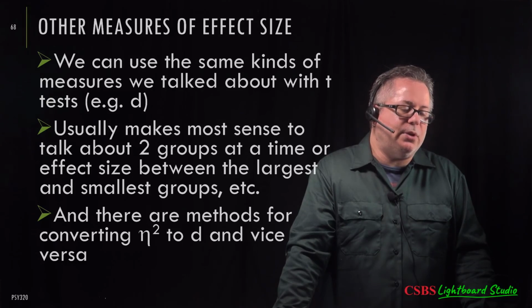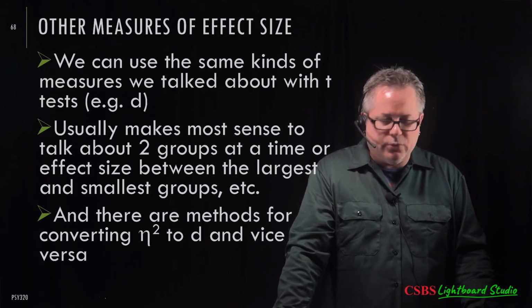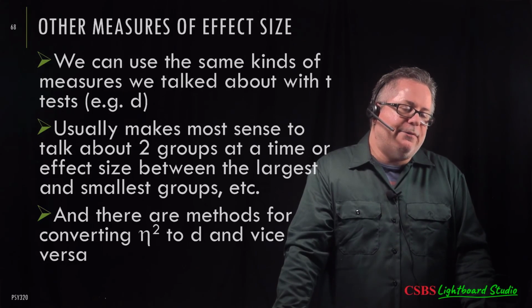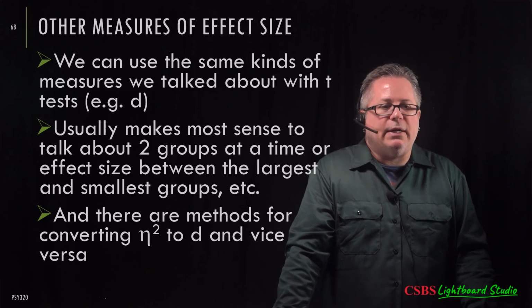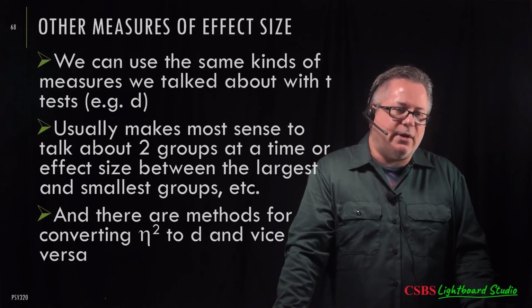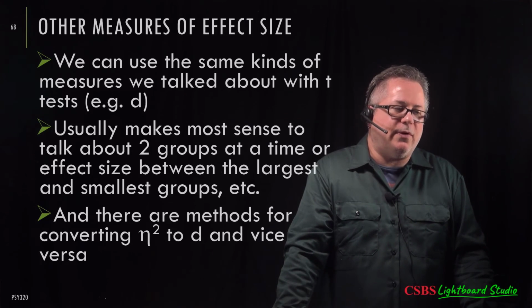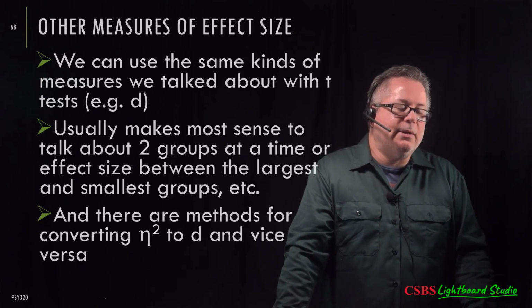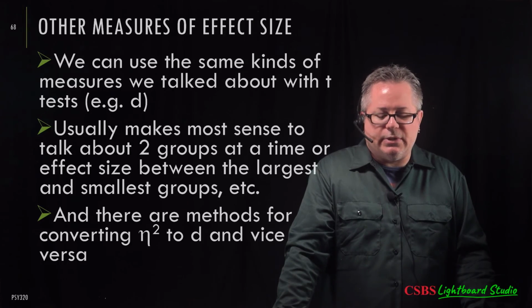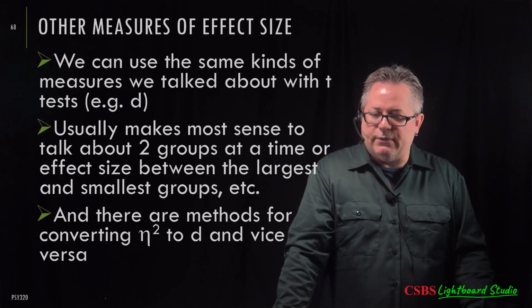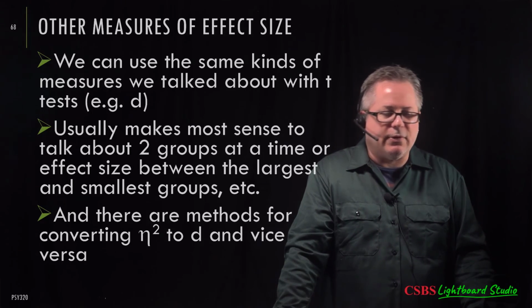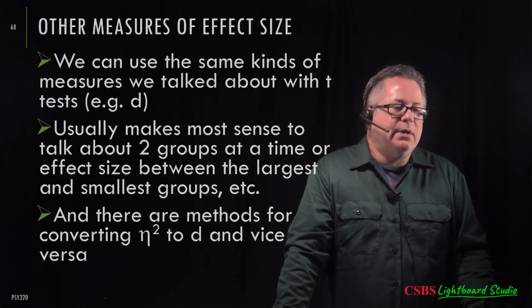You can also do a Google search for converting eta squared values over to Cohen's d values, to get some metric of the 0.2, 0.5, 0.8. You can do that if you like, and you can do the other way around too. You can look up a Cohen's d value and convert that to an eta squared, and vice versa. So you still can do it.